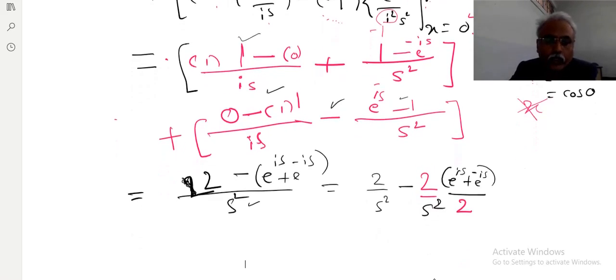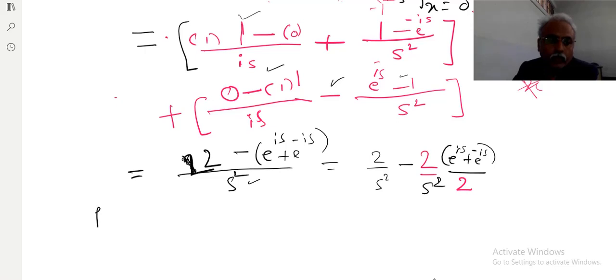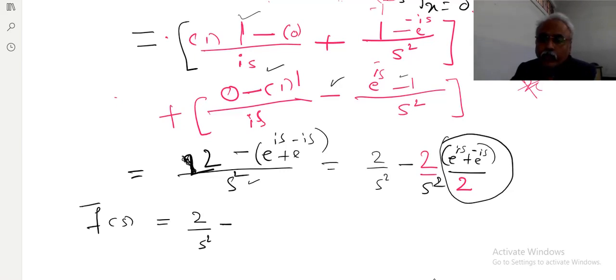Now almost we are in the final form of the Fourier transform function. So 2 by s square as it is, minus this part, which is a cos function. Instead of cos theta, it is cos s. So the remaining part I have to write as it is, 2 by s square cos s.